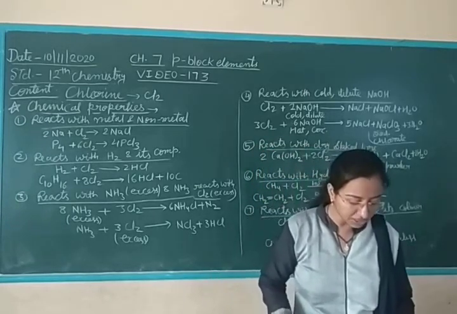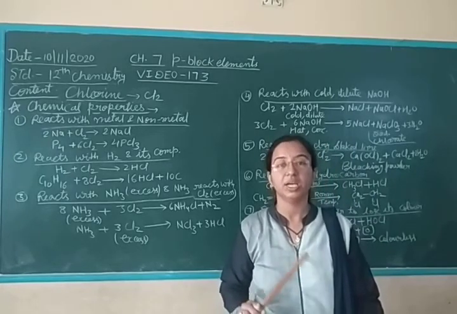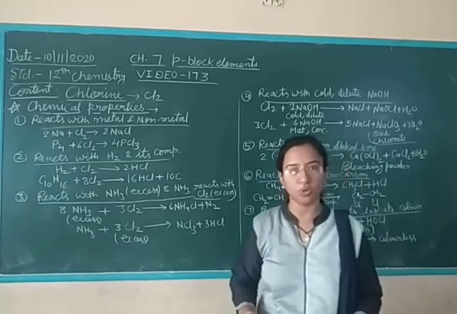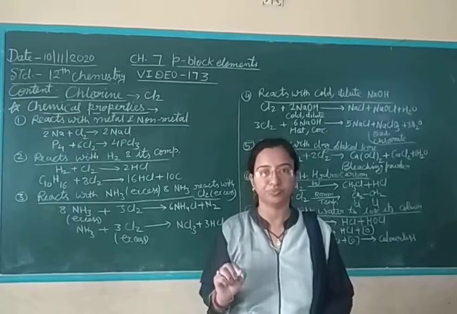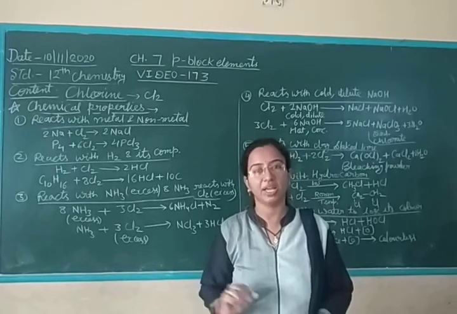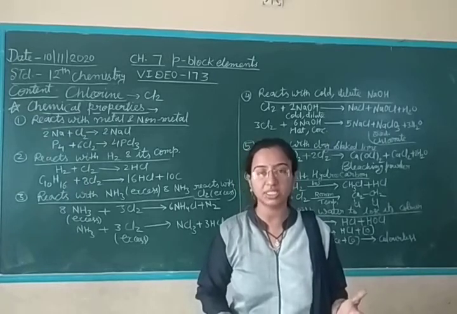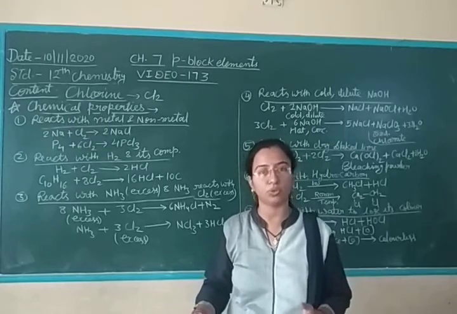The first poisonous gas is phosgene, whose formula is COCl2. Then tear gas, which you know about: tear gas is CCl3NO2. Phosgene, COCl2, is a poisonous gas, and tear gas is CCl3NO2. In their manufacture we have to use chlorine.